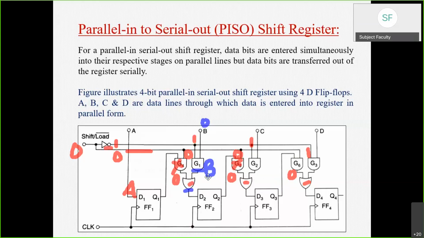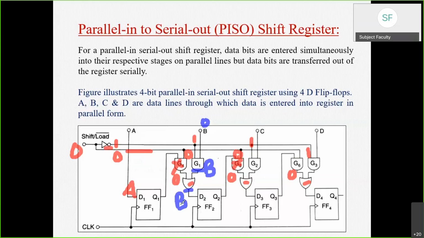And if you take the value of B as 1, then the output of the OR gate will be 1. So again, the output is nothing but B, simply copying B. If B is 0, the output becomes 0.